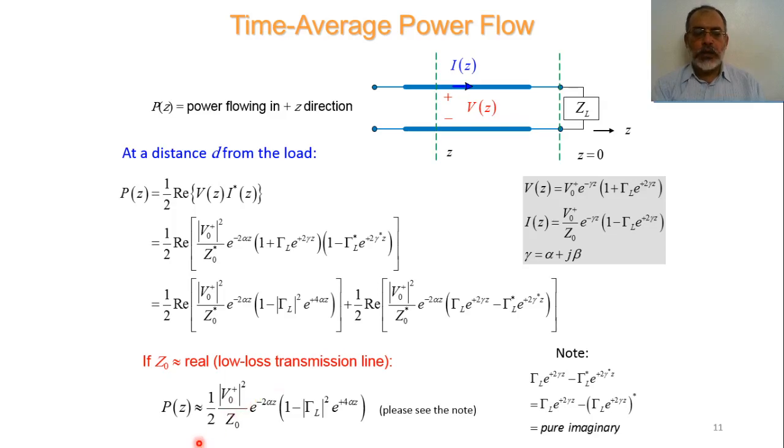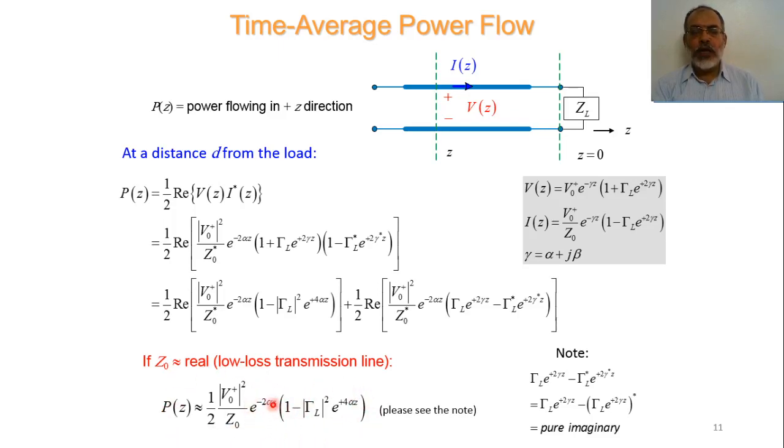So the time average power in this case would be half V0 plus squared over Z0, e to the power minus 2 alpha Z, multiplied by 1 minus gamma load squared e to the power 4 alpha Z. It means that we have forward propagating power and backward propagating power.